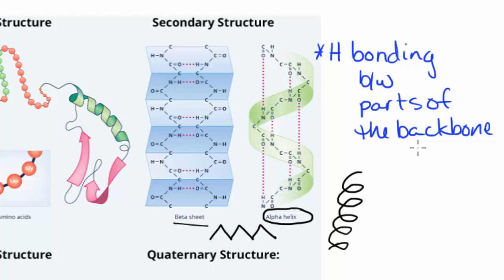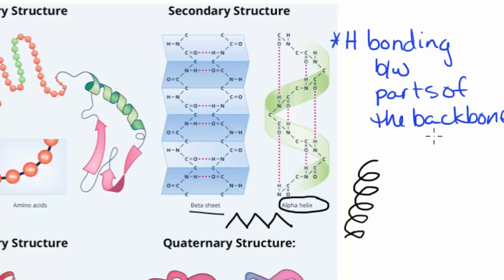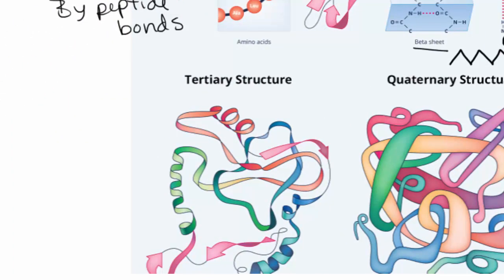Once we get the secondary structure together, there is a little bit of a shape to our polypeptide or to our overall protein, but it's not going to be functional yet because it's not all the way there to that perfect shape. If we move on and talk about the tertiary structure, the tertiary structure is the portion where we start to use the R groups.